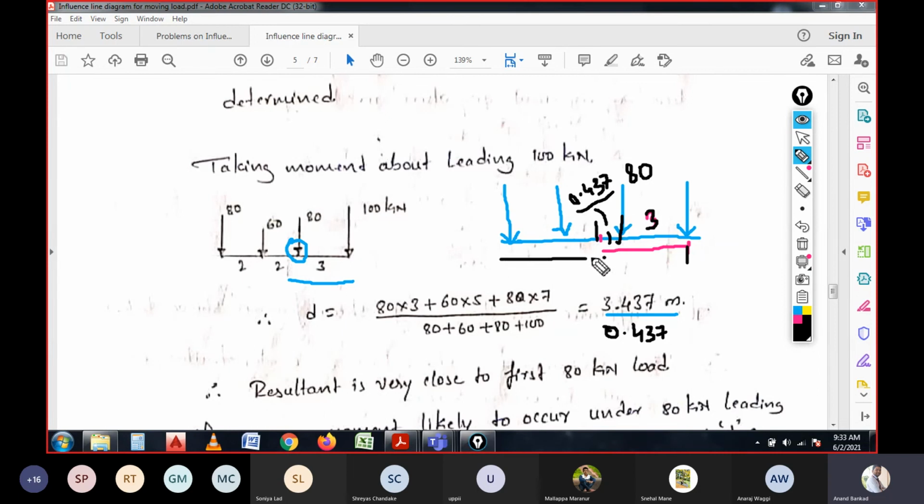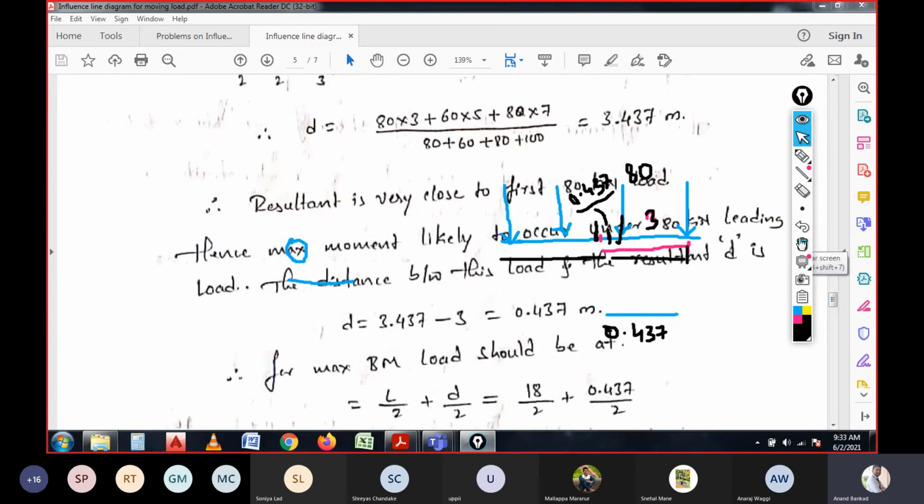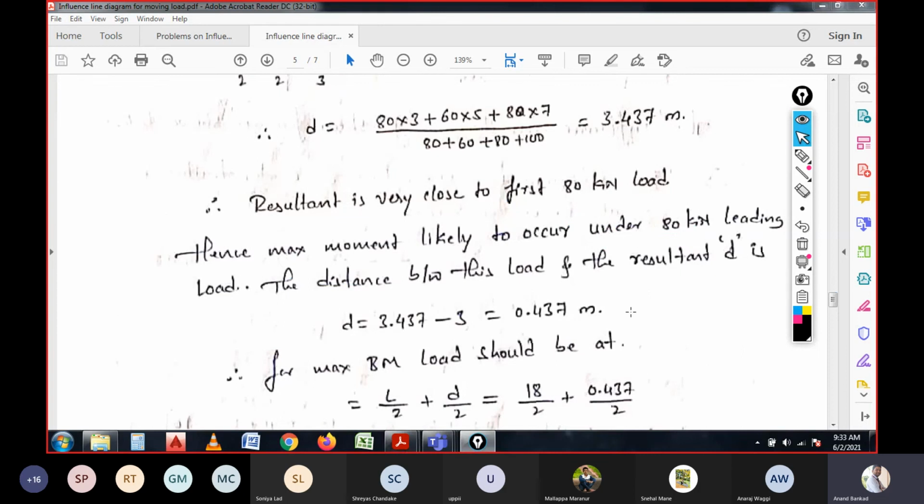So here, the 0.437 is left, and that would be considered on half, to have the CG on either side. It is the point where we need to consider the position. The same thing I have discussed is written over here.